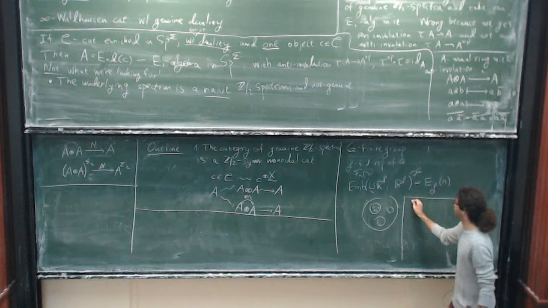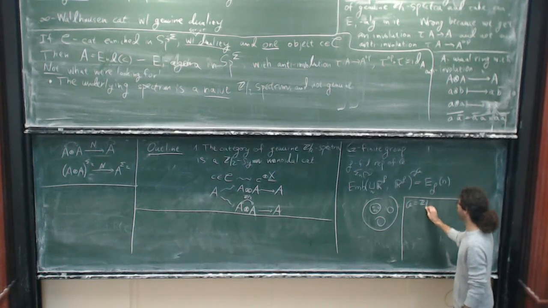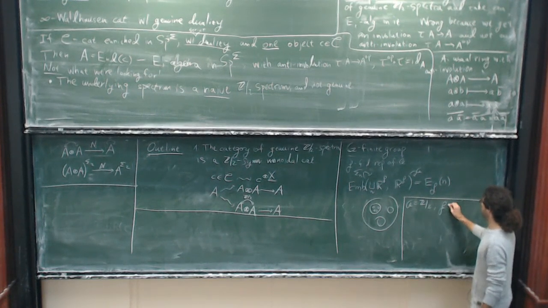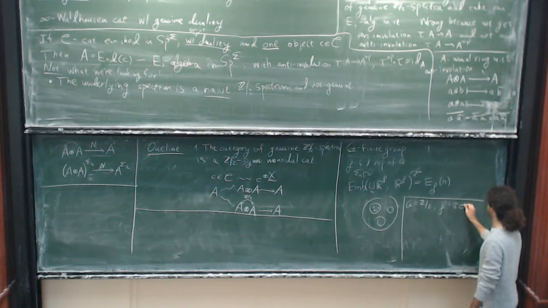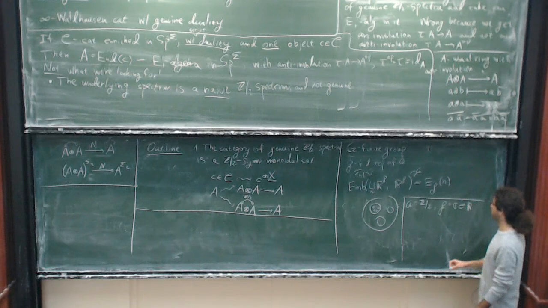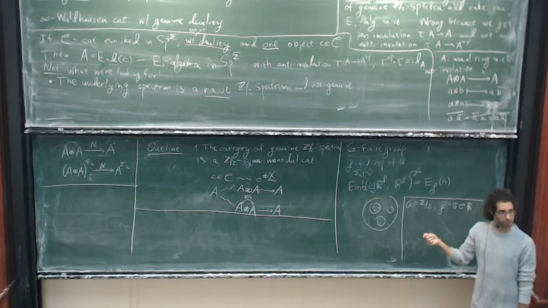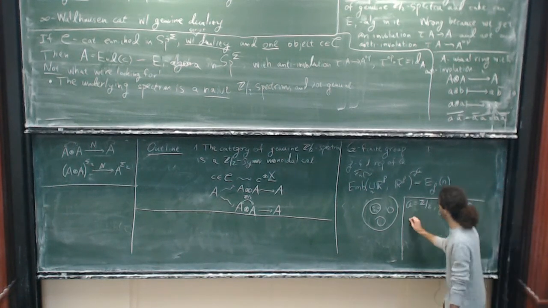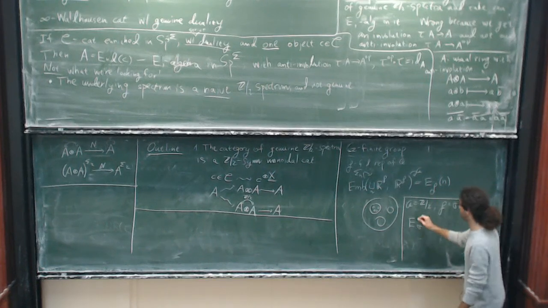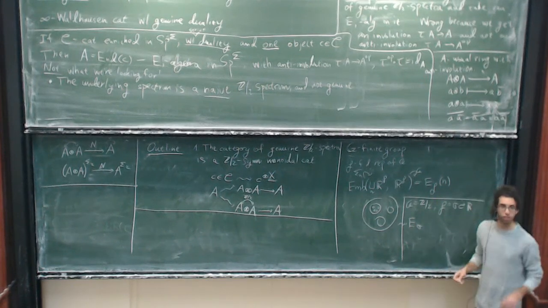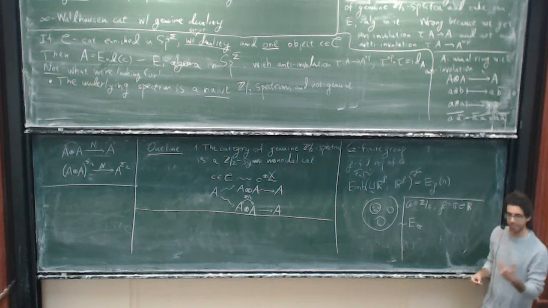And what happens when G equals Z mod 2 and rho is sigma, which is the sign representation? It acts on R by minus. Okay? So we get an operad called E sigma, a G operad, a Z mod 2 operad, E sigma.